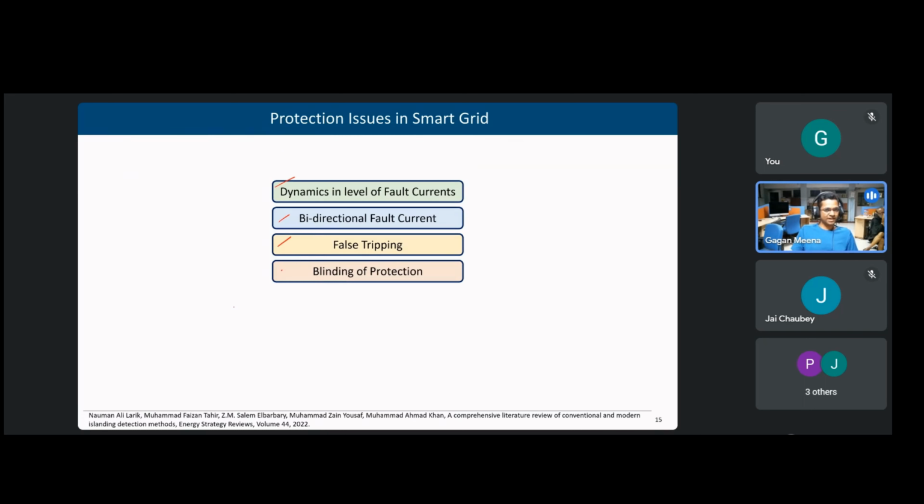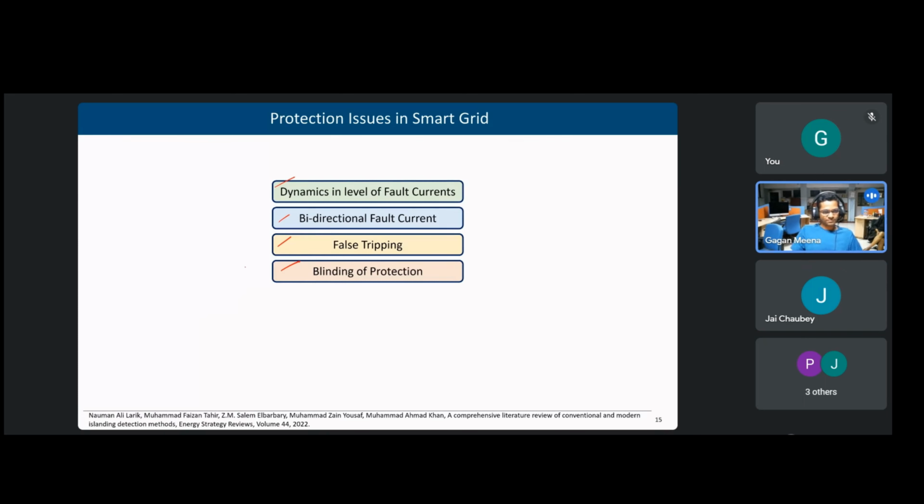First is dynamics in level of fault current. This first scenario shows the microgrid connected, the grid connected mode, figure A, and this one is the islanded mode.